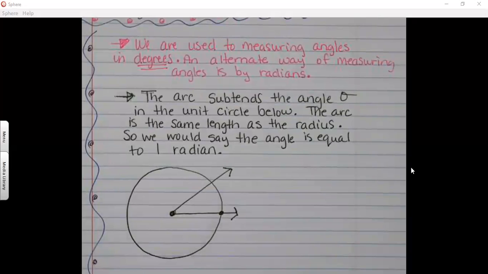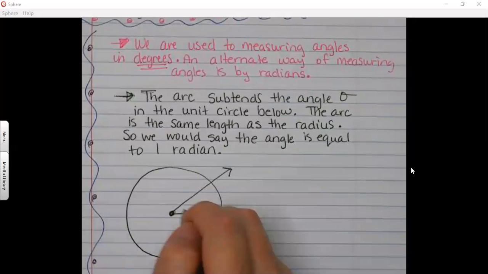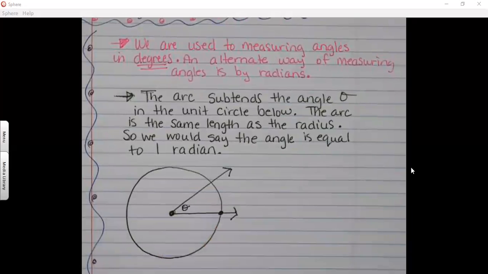And then that angle that I created, we're calling that theta. Okay, so again, it says the arc subtends the angle theta. So the arc of the circle is opposite of angle theta. So we say that arc subtends angle theta, right? Remember geometry? Taking it back. It's saying that this arc is the same length as the radius.